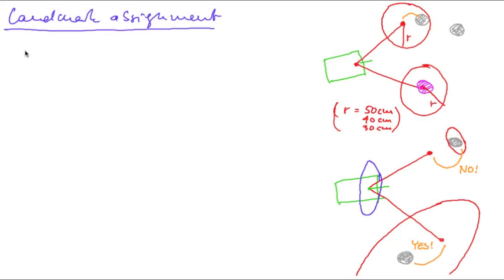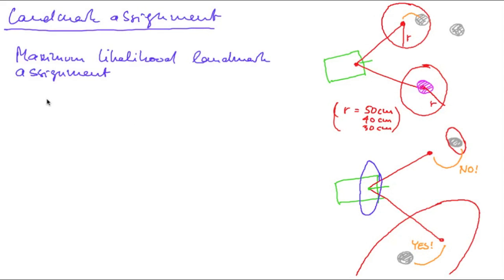And it is pretty easy to do so. It's called maximum likelihood landmark assignment, and it uses the following. C is our measurement, and our function h, our measurement function, takes the state and predicts a measurement. So the difference is between the real measurement and the predicted measurement, and this is a measure of how well the landmark fits our measurement values. Now, don't use this directly, because that wouldn't take into account those variances.